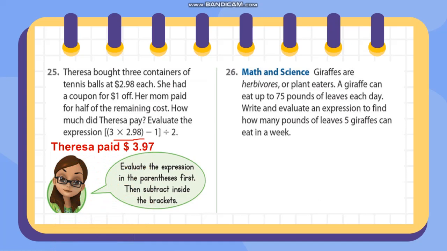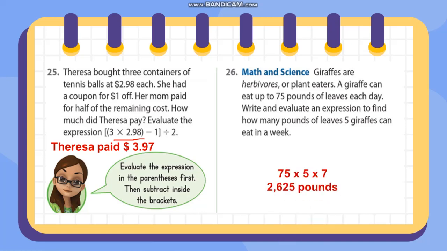Number 26. Giraffes are herbivores or plant eaters. A giraffe can eat up to 75 pounds of leaves each day. Write and evaluate an expression to find how many pounds of leaves 5 giraffes can eat in a week. A week means 7 days.